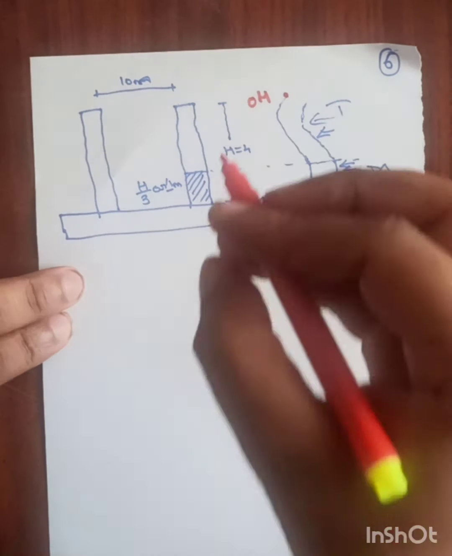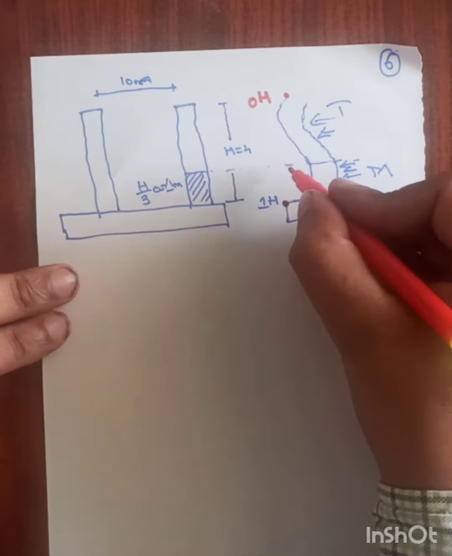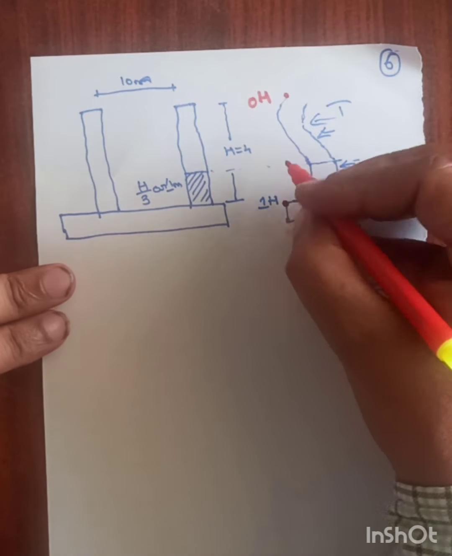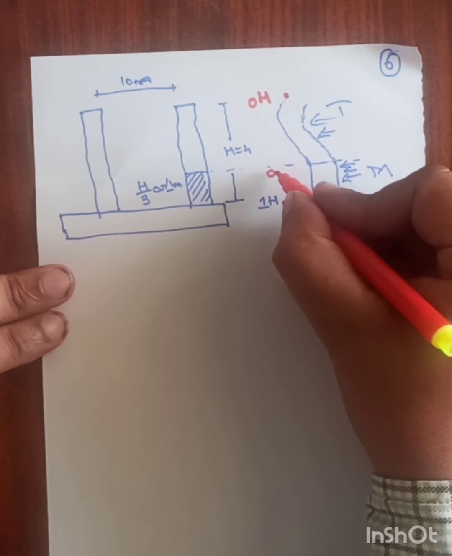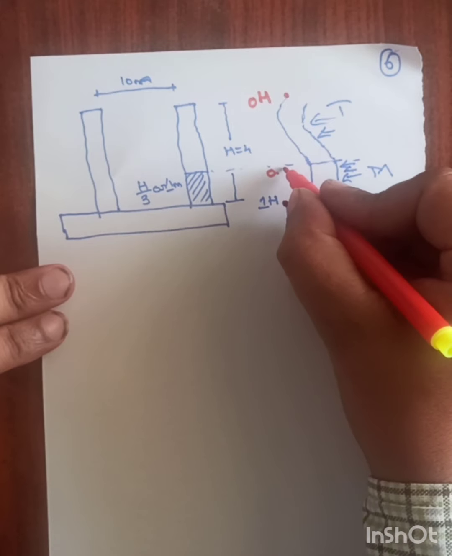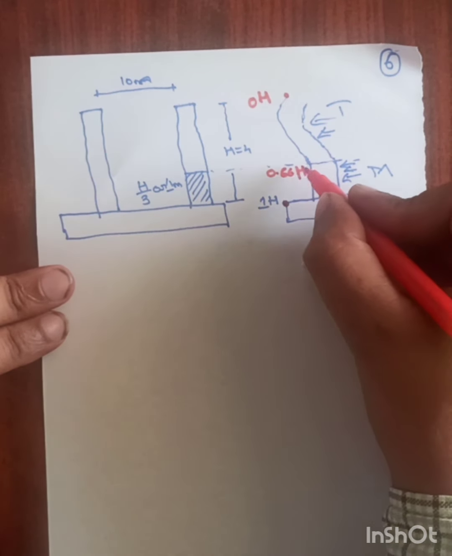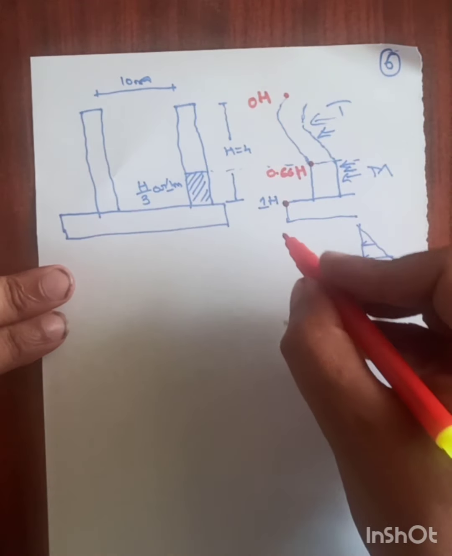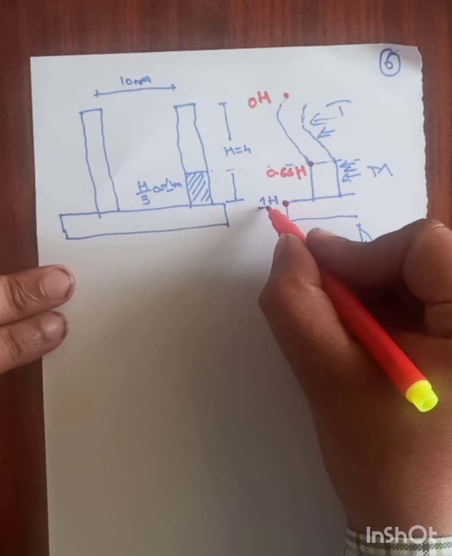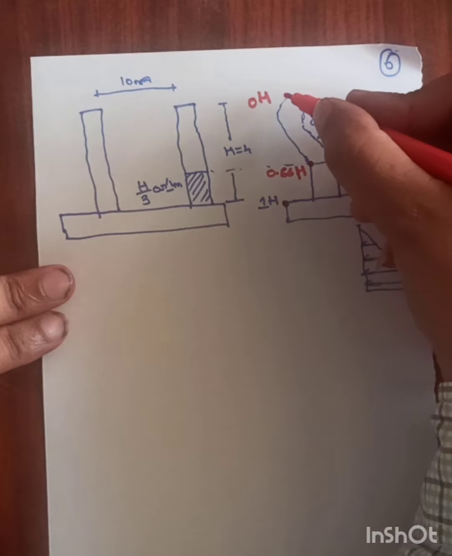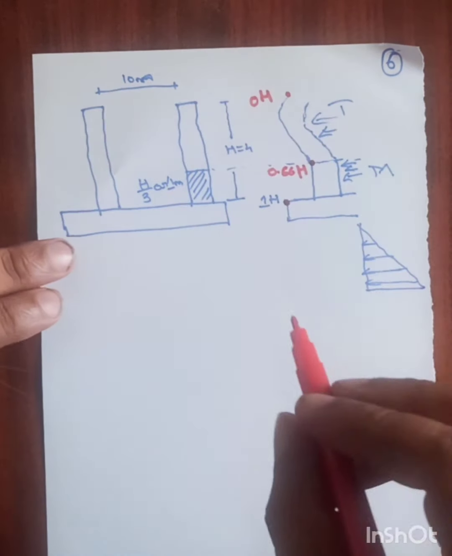H by 3 is 0.33H, that means from top it will be 0.66H. At this point it is 0.66H, at this point it is 1H, at this point it is 0. Fine.